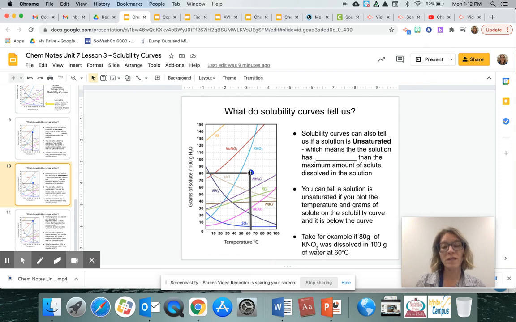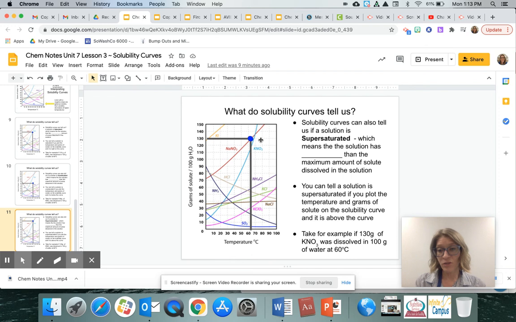So if the point of your solute and temperature is under the solubility line, that means the solution is unsaturated. So we could add more KNO3 to the solution and it should all dissolve at that temperature because this mark is under the solubility line.